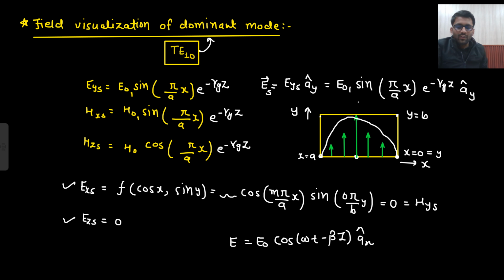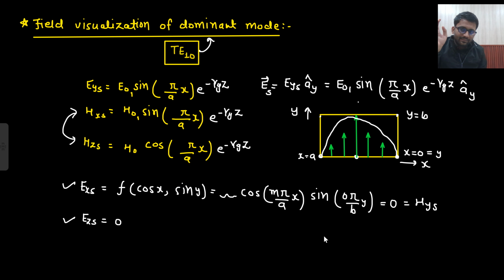If we talk about magnetic field pattern, in magnetic field, what all components you can see? Two components are there. So let me write down the magnetic field, H of s.